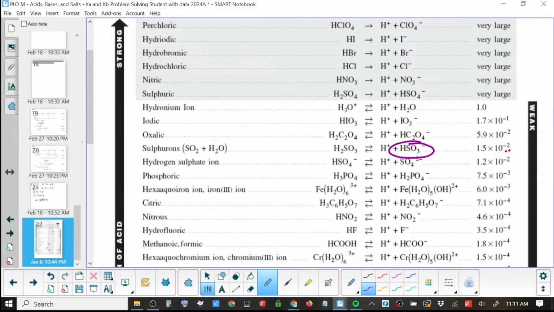So it's very similar to pH. If you have, say, a pH of 2, what is your pOH? 12. Because they have to add up to 14. Very similar. If this is times 10 to the minus 2, the Kb is going to be 10 to the minus 12, because they both have to add up to 14.